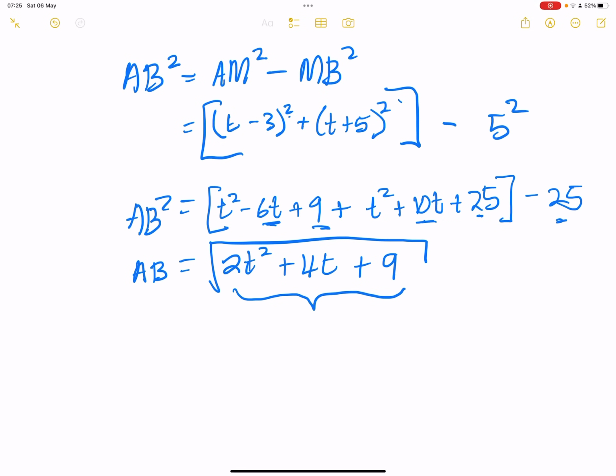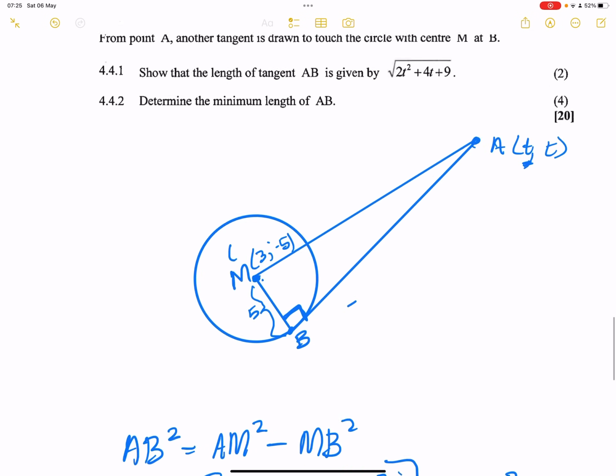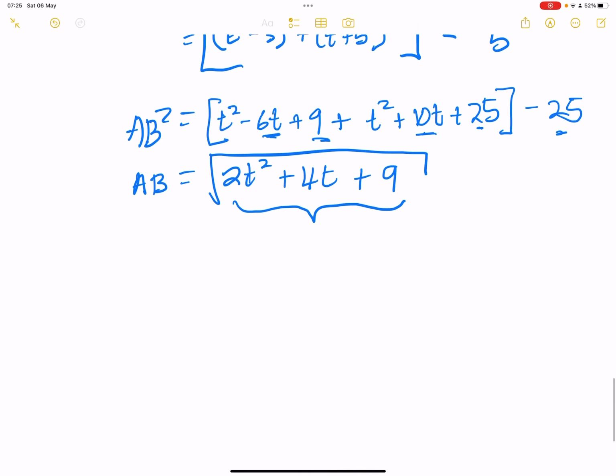Or, because it's a parabola, you can ask where the value is minimum or maximum: it would be at the turning point. So I can find the t value at the turning point.